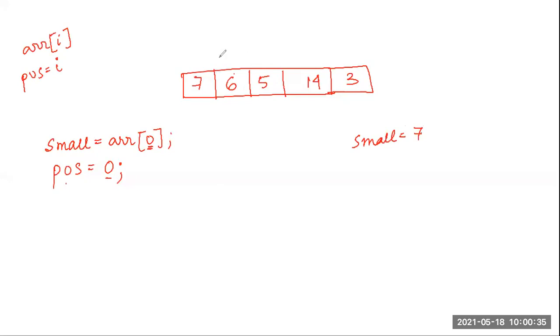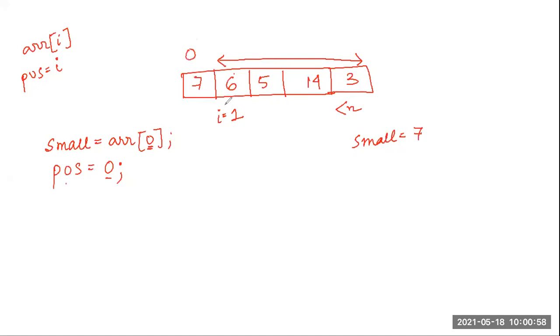That means my comparison loop was starting from this location till this location. So my comparison loop was starting from i equal to 1, and it went on till i less than n. My initial loop, when I was taking the array, started from 0.